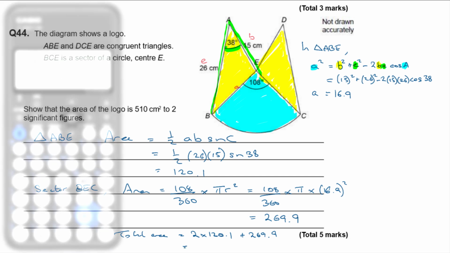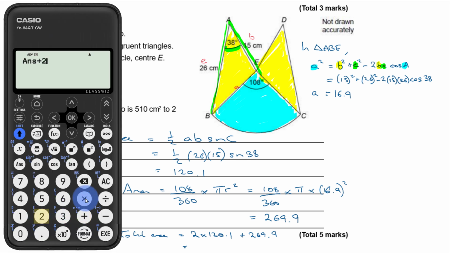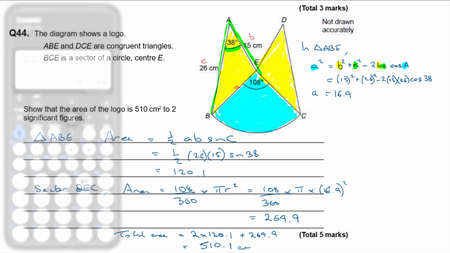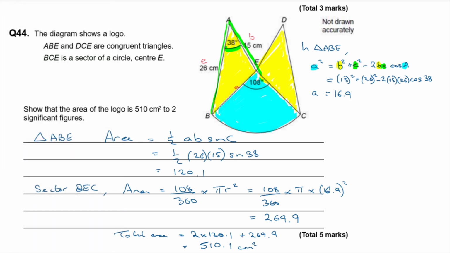So adding on 2 times 120.1, that comes out to be 510.1. And that's going to be in centimetres squared, isn't it? The question says show that the area of the logo is 510 centimetres squared to 2 significant figures. So I can just say, yeah, that's roughly 510 then, isn't it? Okay, good. Good job. We did it.